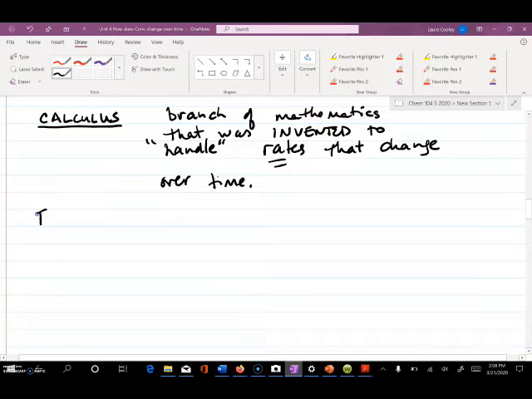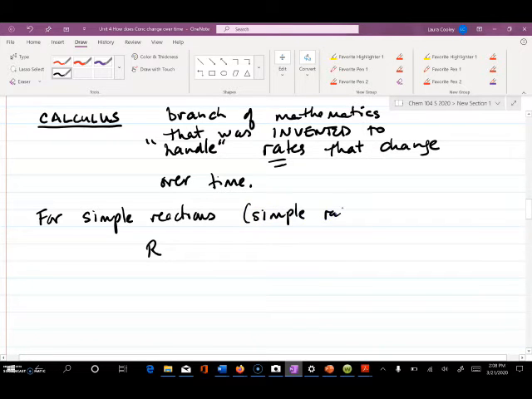Okay, so for simple reactions, in other words, simple rate laws, for example, if the rate is like that, that's first order.